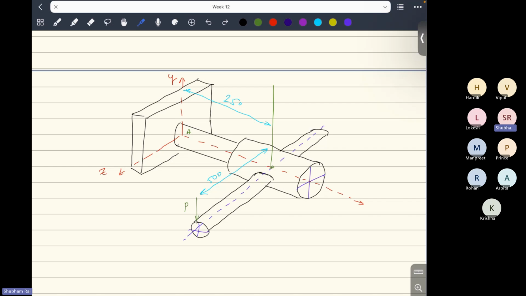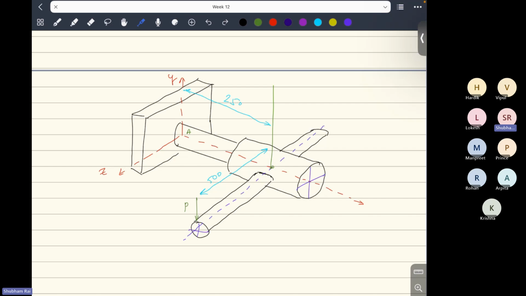So this force in transverse direction will introduce shear in the cross section. We are neglecting that shear. You can say that we are using Euler-Bernoulli beam theory, not the Timoshenko beam theory here.